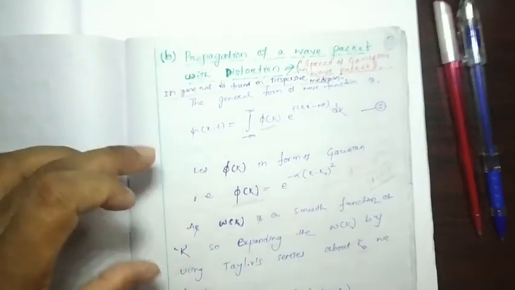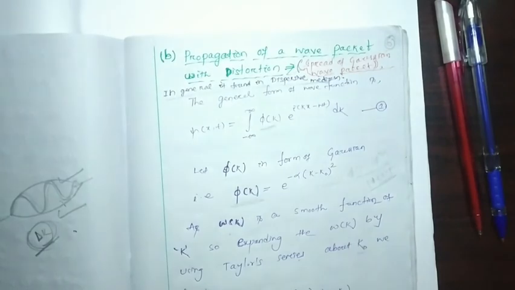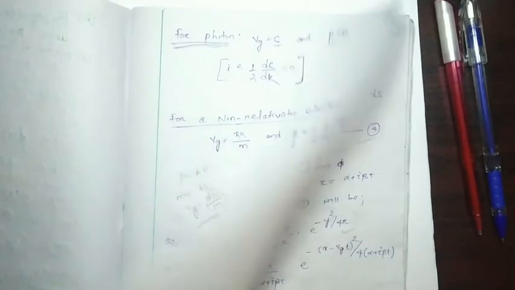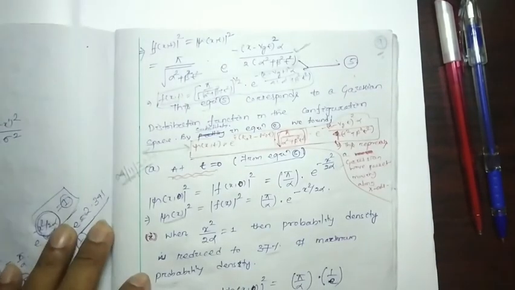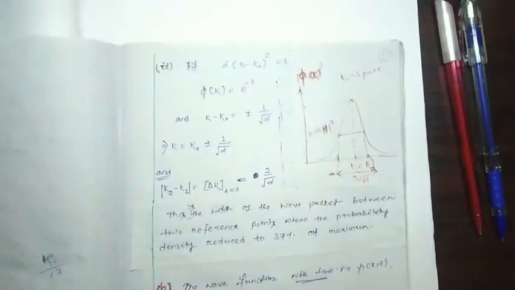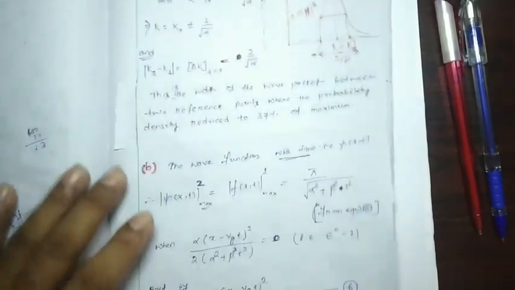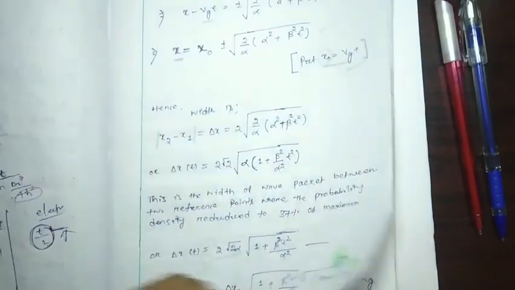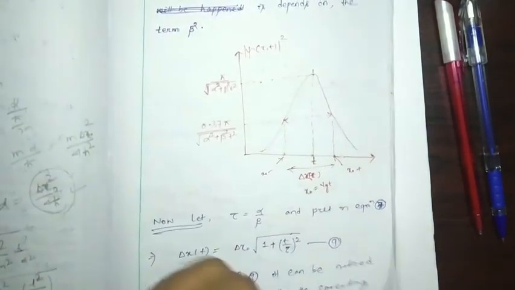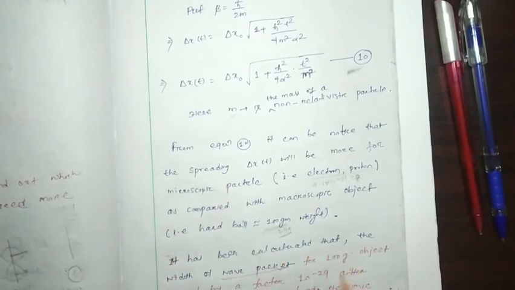This page you have to write, this page also, and these writings up to this much. The representation in k space, no need to write. These things you also have to write, they are also required. And here you have to stop, at equation number 10. This discussion you should not include in your exam.